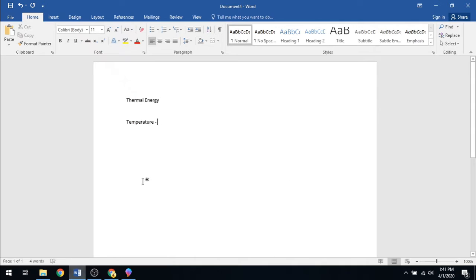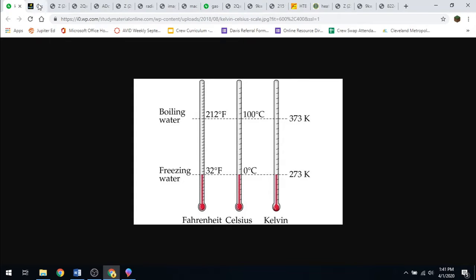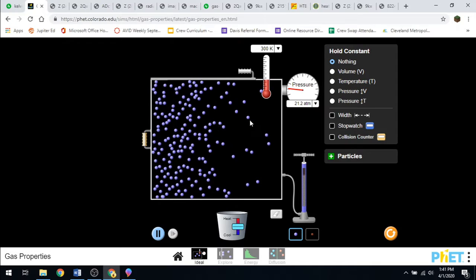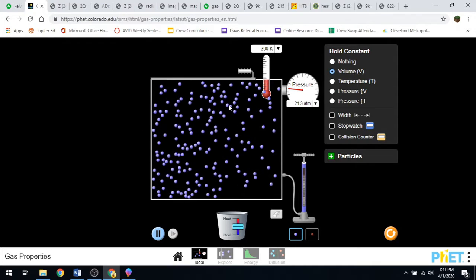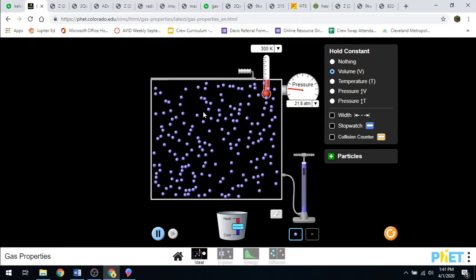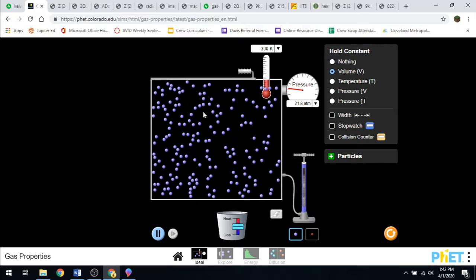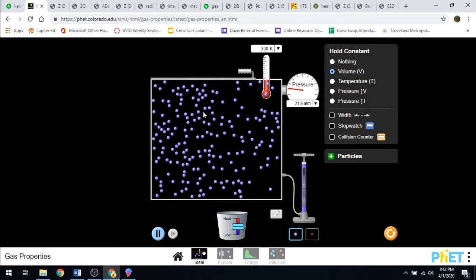So temperature is the average kinetic energy of all particles in an object. Kinetic energy, if you remember, was the energy of motion. So what I have for us right here is a box with pretend gas particles in it, just to show us how the particles are moving and their energy.